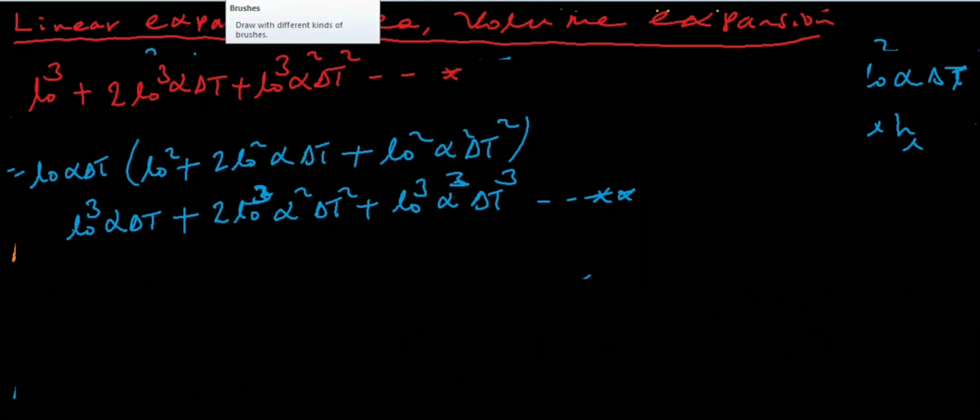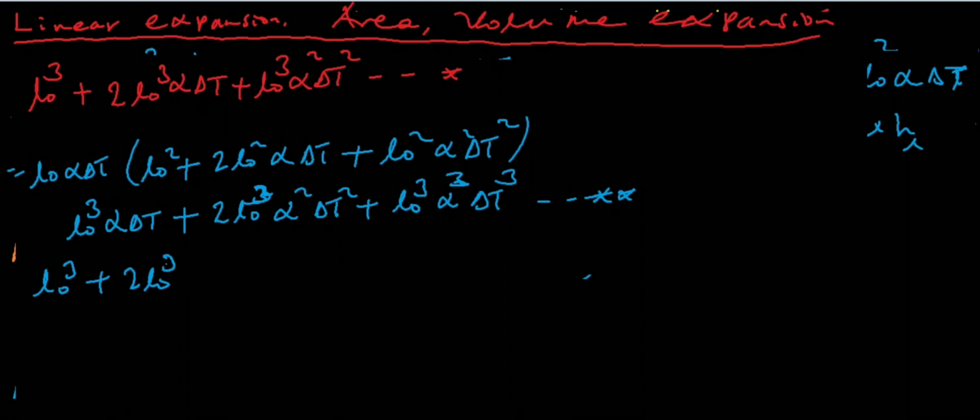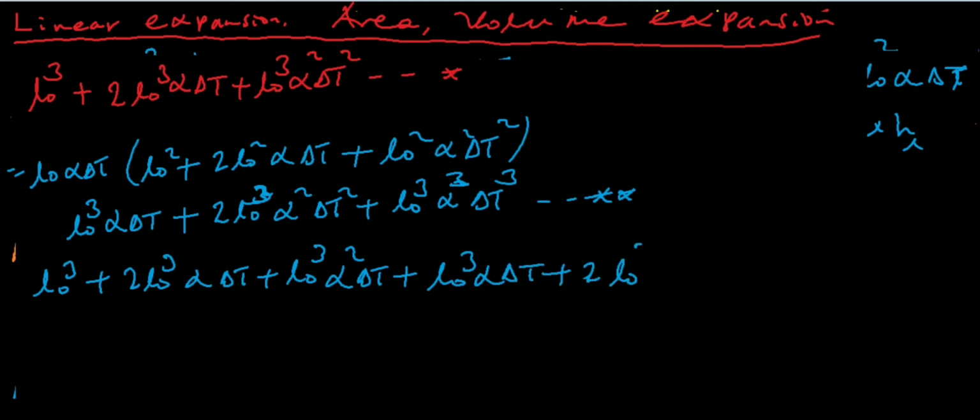When we add them, L naught cube plus 2 L naught cube alpha change in temperature plus L naught cube alpha square change in temperature, plus this one L naught cube alpha change in temperature plus 2 times L naught cube alpha square change in temperature square plus L naught cube alpha cube change in temperature cube.